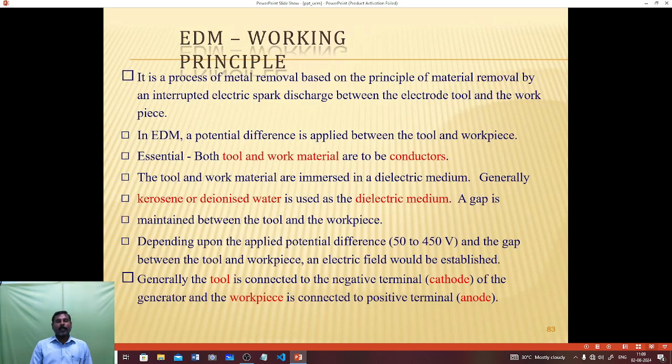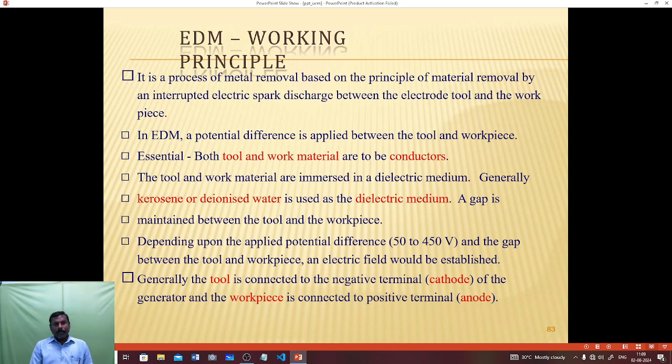It is a process of metal removal based on the principle of metal removed by an interrupted electric spark discharge between the electrode tool and the workpiece. In EDM, a potential difference is applied between the tool and workpiece.